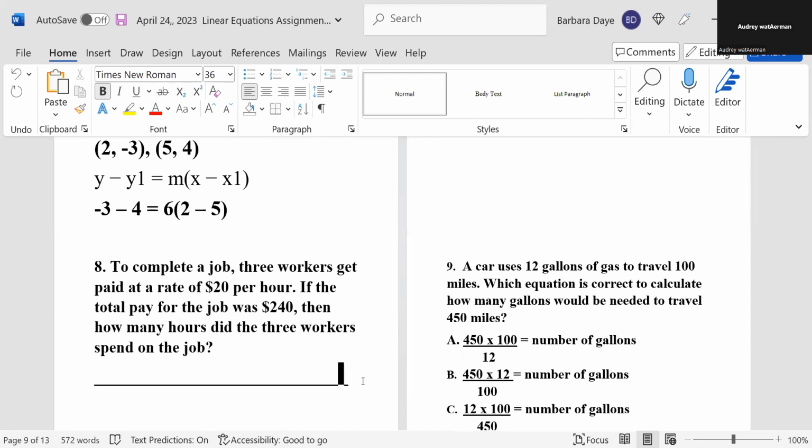How many hours did the 3 workers spend on the job? They get paid at a rate of 20 an hour. The total pay was $240. How many hours did the 3 workers spend on the job?